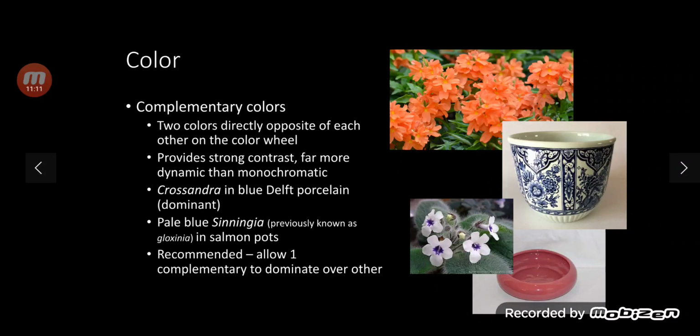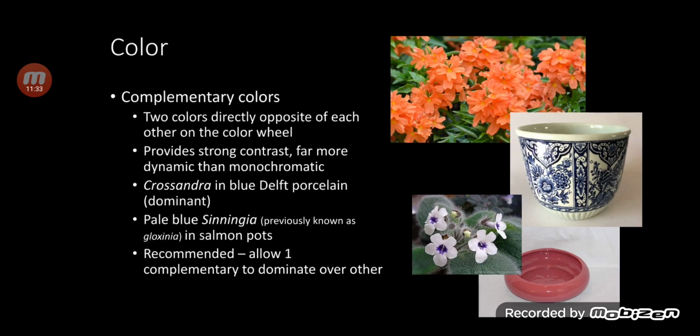Pale blue Sinningia, previously known as Gloxinia, in salmon pots. Recommended, allow one complementary to dominate over the other.